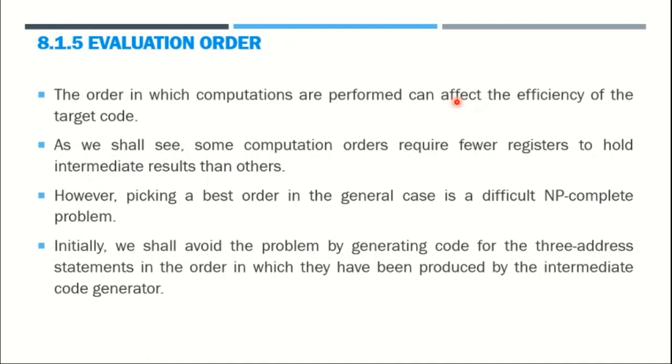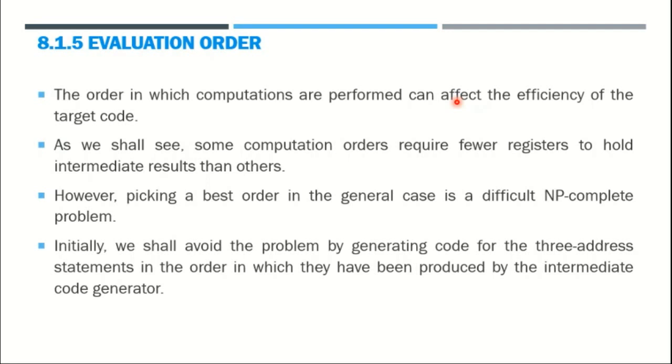The final issue is the evaluation order. The order in which computations are performed can affect the efficiency of the target code. If we generate the evaluation order in a proper manner, it produces better target code.